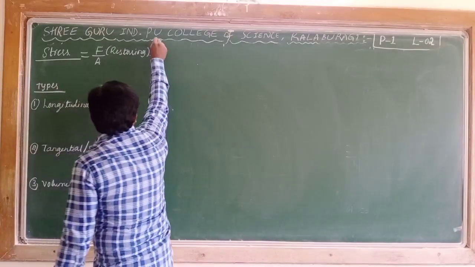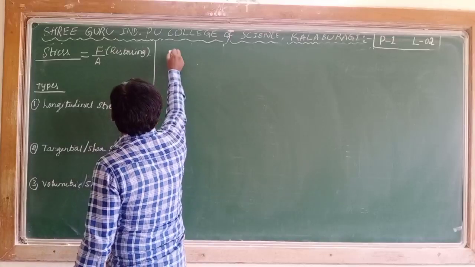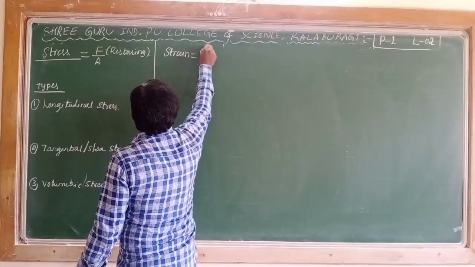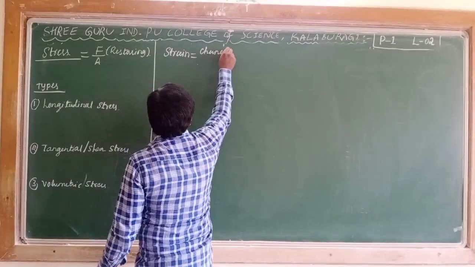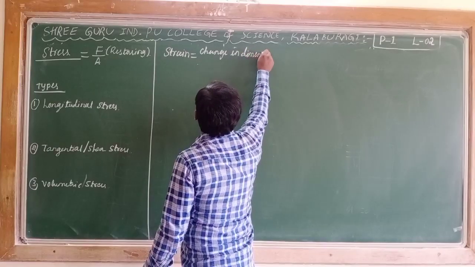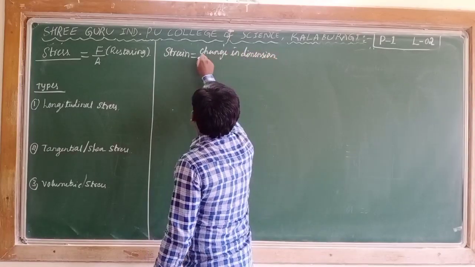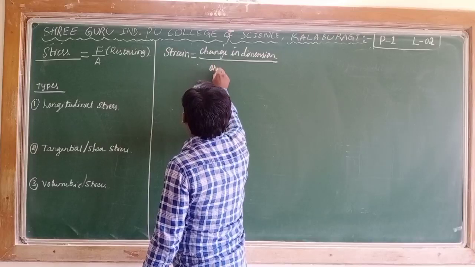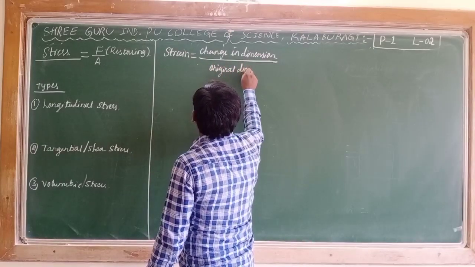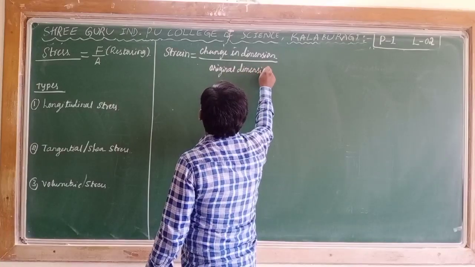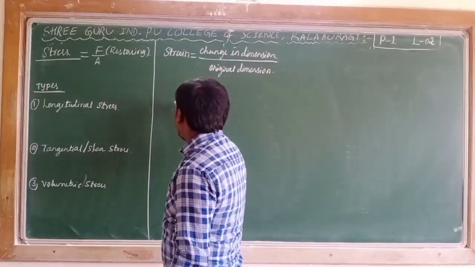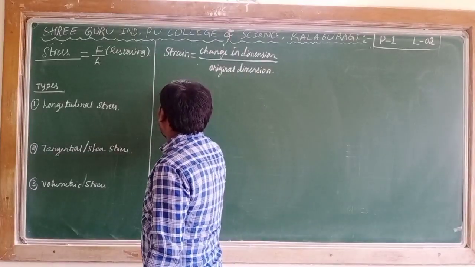And the strain, what is strain? That is change in dimension by original dimension. Here there are also three types.